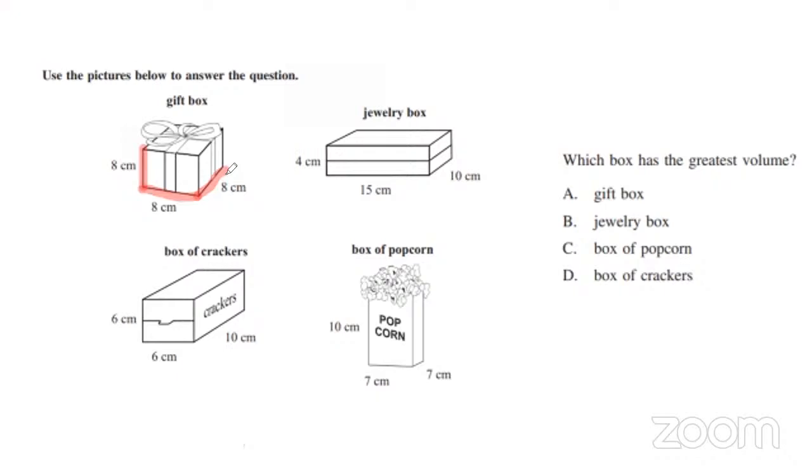All right. And when we're finding it, we're multiplying 3 dimensions. So I'm just going to annotate here on the screen as well, so that at least you'll have that visual representation that you can remember. So we're finding the volume for the gift box, which is length times width times height.